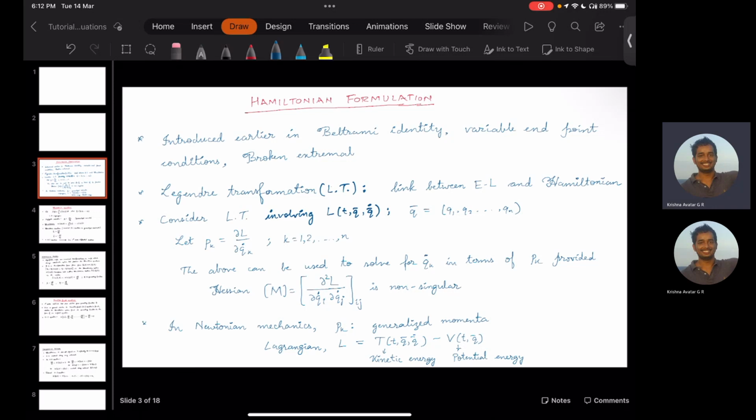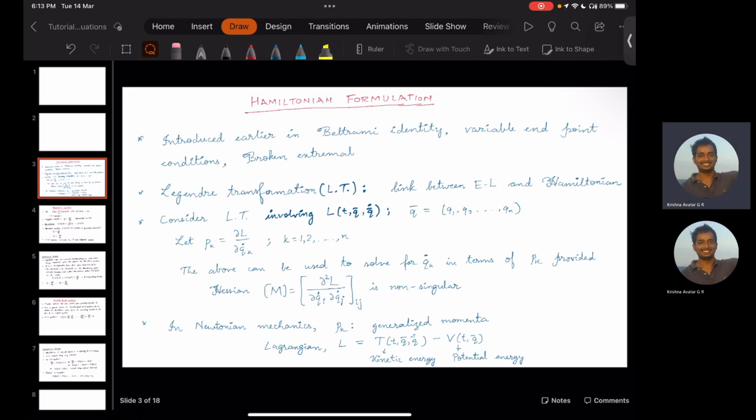Now this equation can be solved for qk dot in terms of p, provided that the Hessian, M, which is equal to the double partial derivative of L with respect to Qi dot and Qj dot, is non-singular. Then we are able to solve for Qk dot in terms of Pk. Fine.